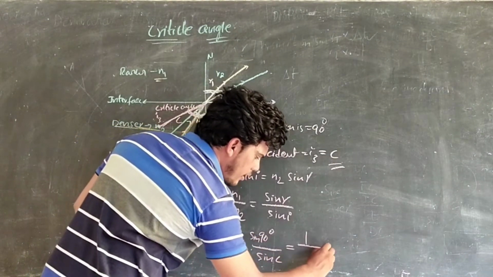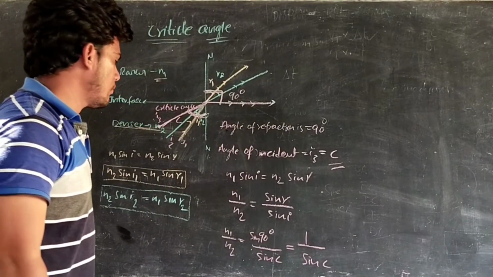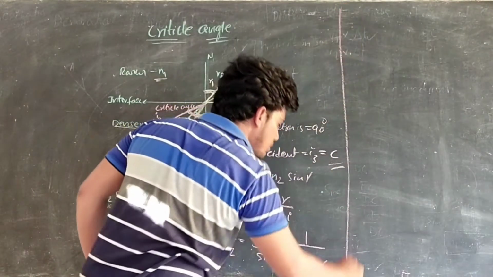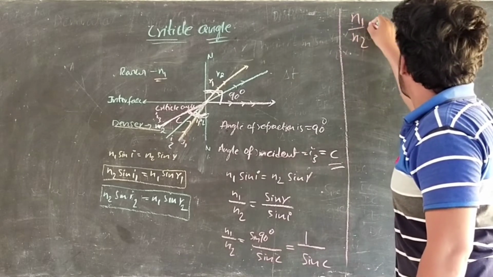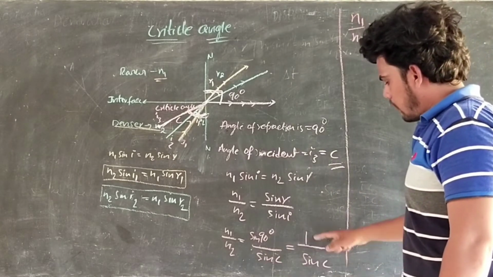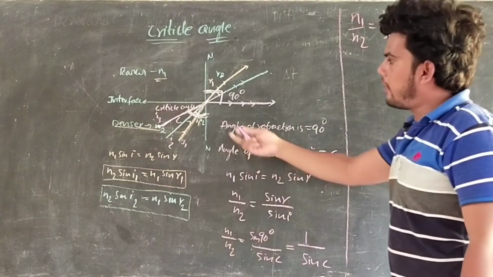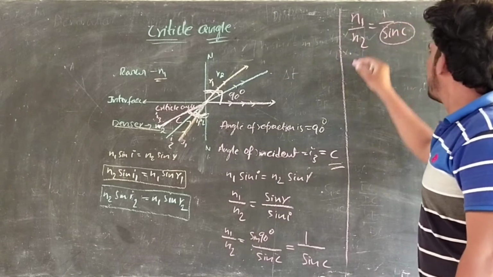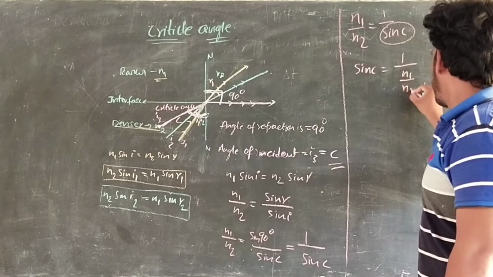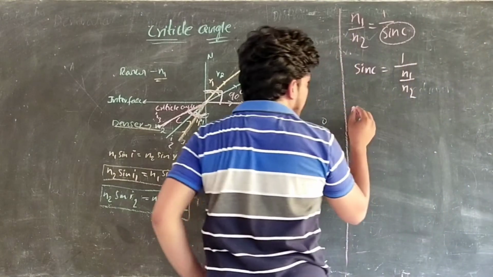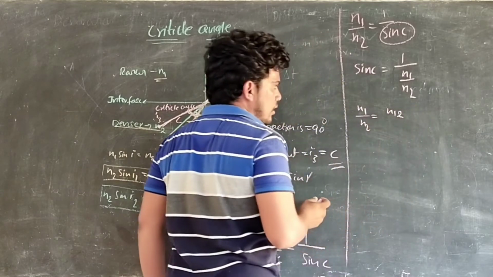So 1 by sin C. From this, N1 by N2 equal to 1 by sin C. So I want to find out the sin C value. Sin C equal to 1 by N1 by N2. We know well N1 by N2 equal to N12.